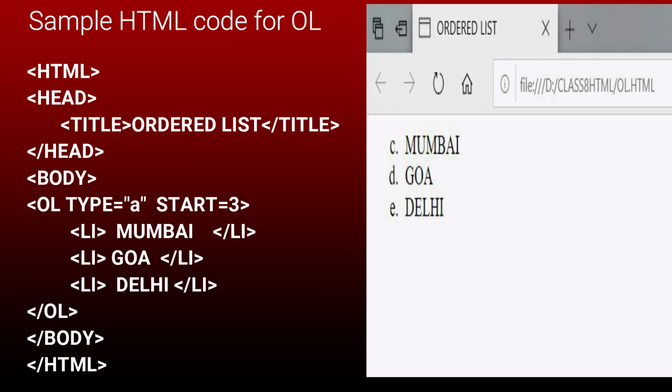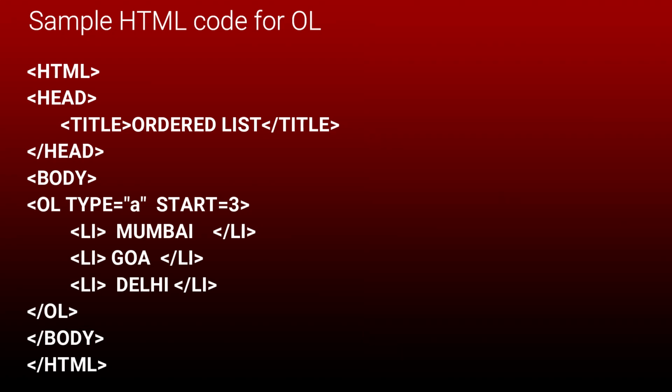Now, if you look at the output, you will see that the first name, that is Mumbai, starts with C, then Goa with D, and then Delhi with E. It starts with C because in the code I have written OL type equal to A, start equal to 3. Since it is start equal to 3, it starts with C. Had it been start equal to 4, it would start with D.